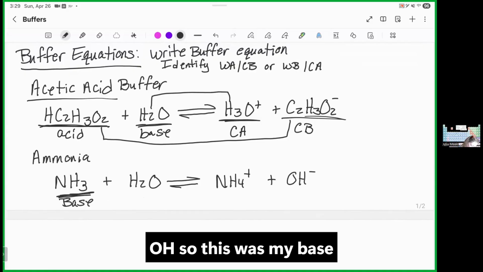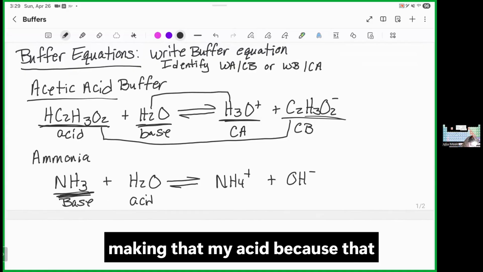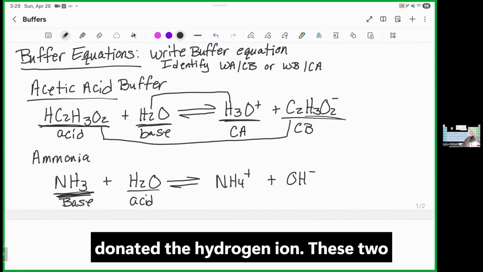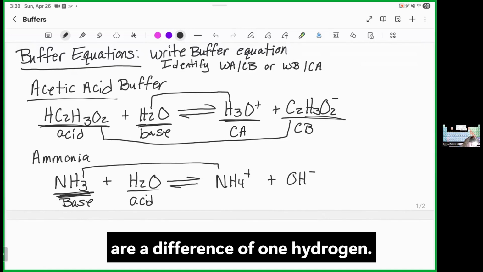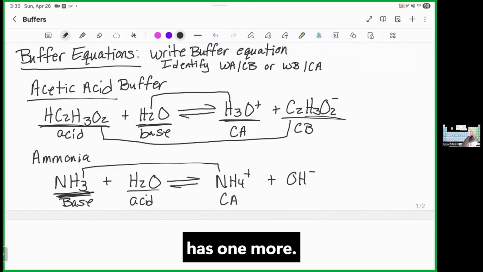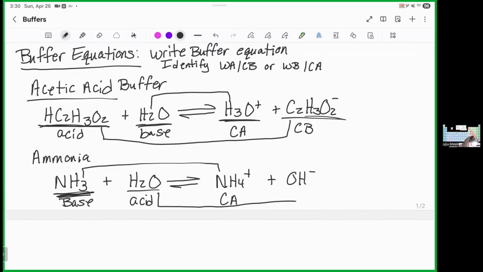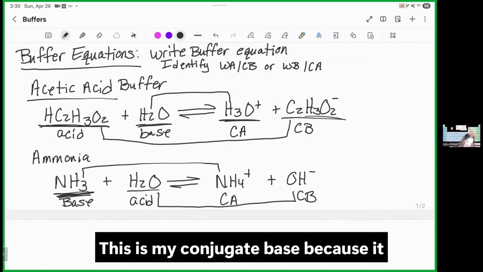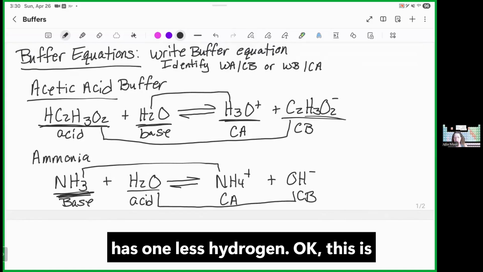So this was my base, making that my acid because that donated the hydrogen ion. These 2 are a difference of 1 hydrogen. That's my conjugate acid because it has 1 more. This is my conjugate base because it has 1 less hydrogen.